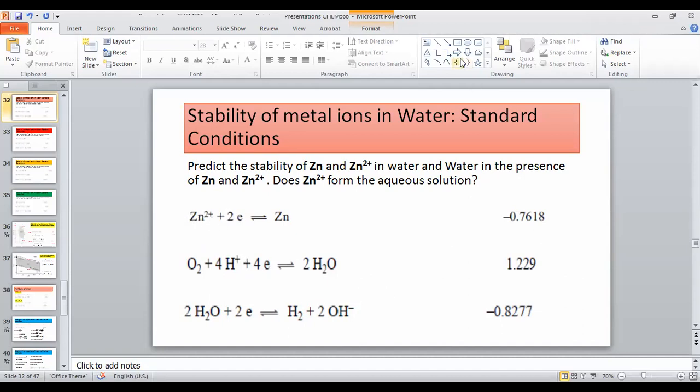So what would be your answer? That means you have to consider this one, whether this way is spontaneous or not spontaneous. Zinc plus 2 will react with water or not. What is the correct answer?